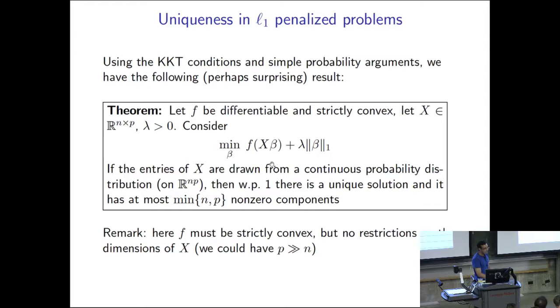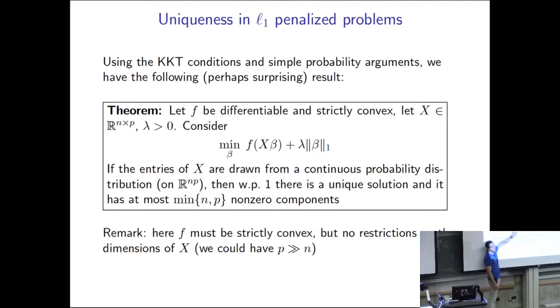And I think that's the punchline. The less important or less surprising fact, perhaps, is that it has at most min(n, p) non-zero components. So there's just one solution, and let's say if p was 1,000,000 and n was 10, it doesn't matter what lambda is. We're going to have at most 10 non-zeros in the lasso solution.